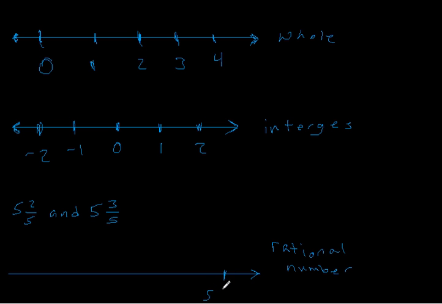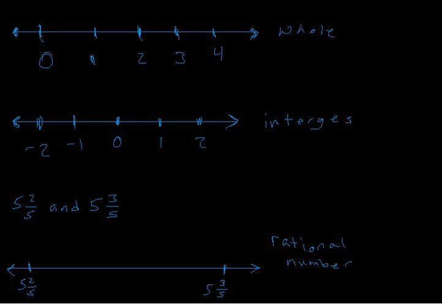This will be 5 and 2/5 here, and this 5 and 3/5. So let's find a number that's between these two numbers.